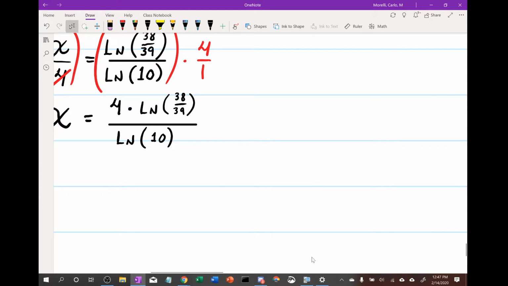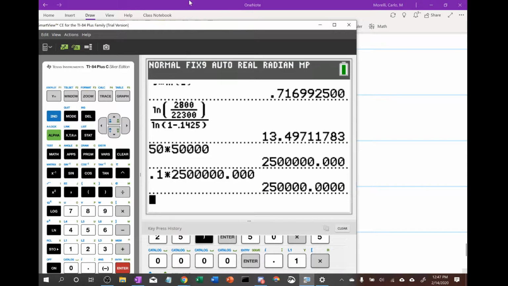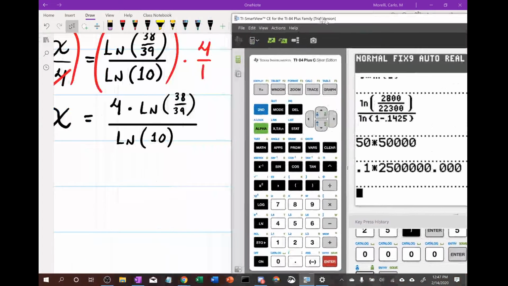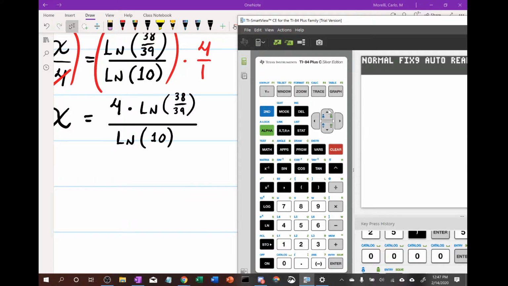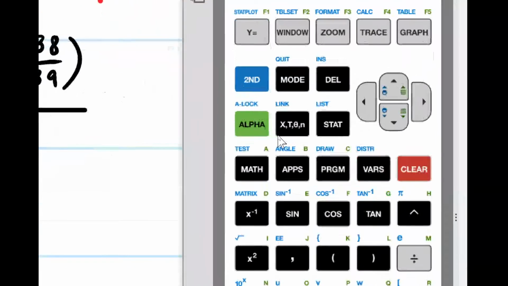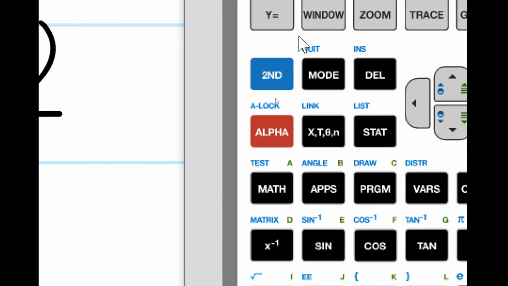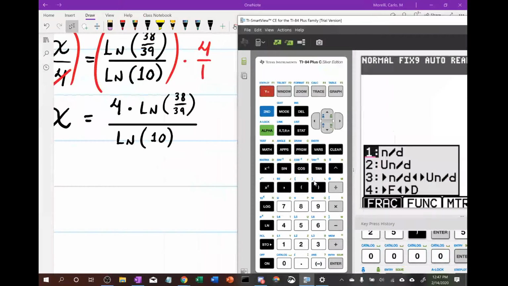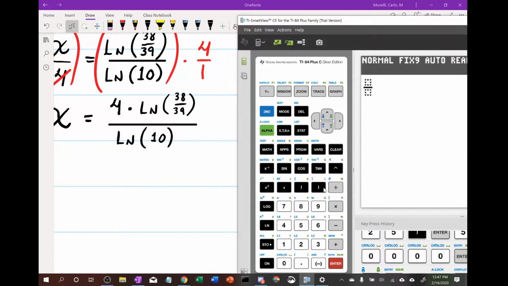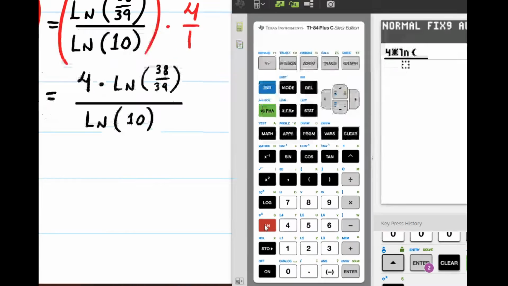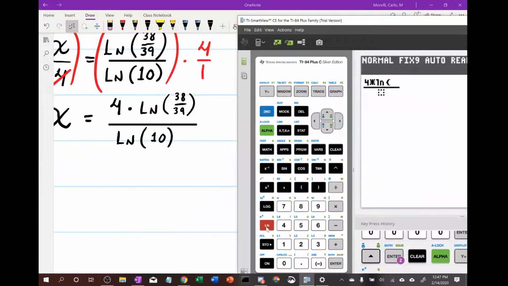So what I'm going to do here is open up the calculator. I'm going to clear it out. And then what you want to do is hit alpha y equals, and then hit enter to make a fraction. You're going to type this in just like it appears. 4 times ln, remember that's the key to the left of the 4.